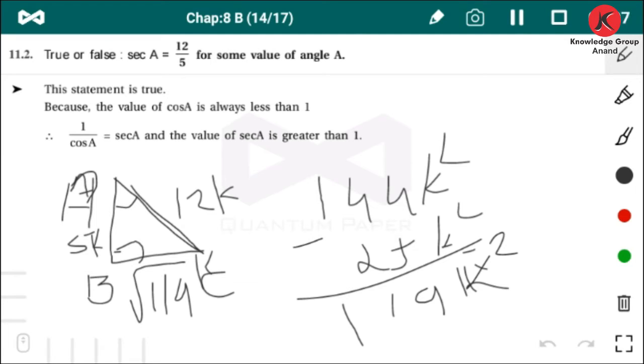For this angle A, sec A is equal to 12 upon 5.